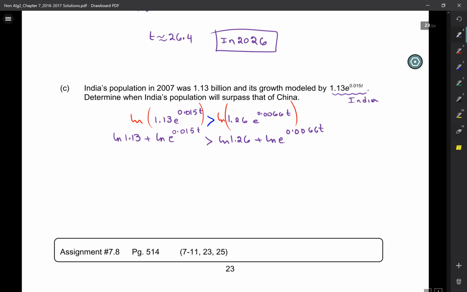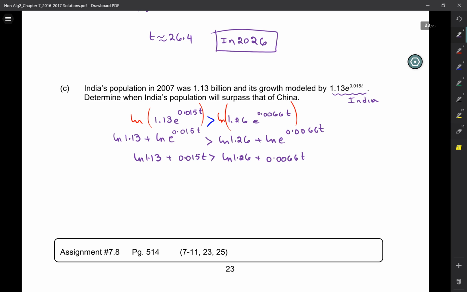Now, the ln and e's will go away. So I have ln of 1.13 plus 0.015t, greater than ln of 1.26 plus 0.0066t. Now, move all the t's to one side and everything else to the other side.